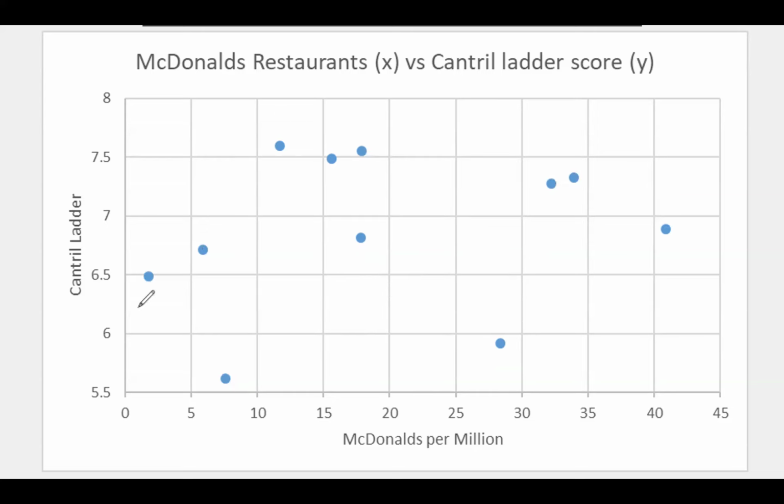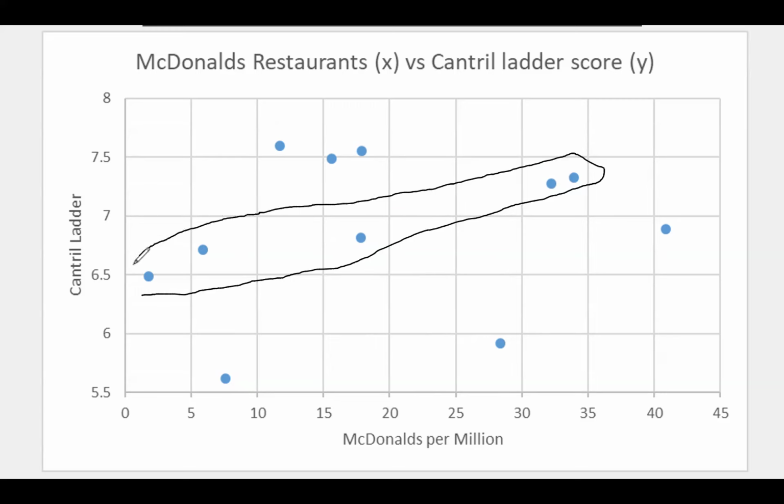And you could do the same thing in reverse as well. Let's say you only focused on these points here. Well, these points are going to form a really solid line with a positive slope. The R value is going to be pretty high, and the slope is going to be positive.